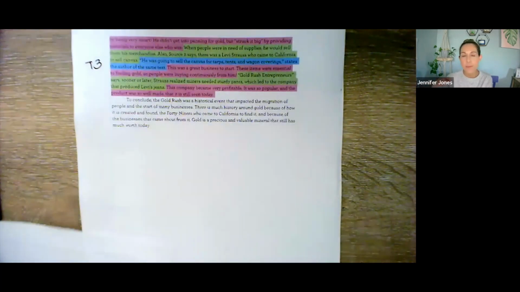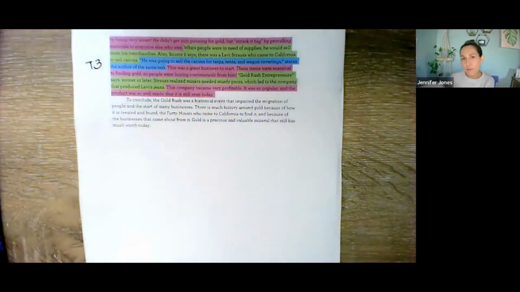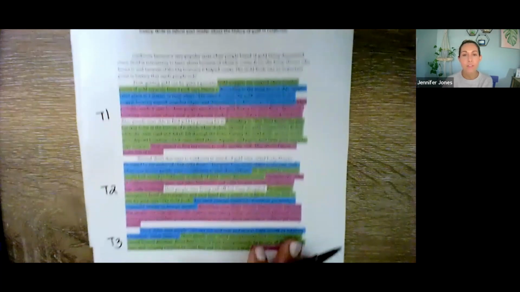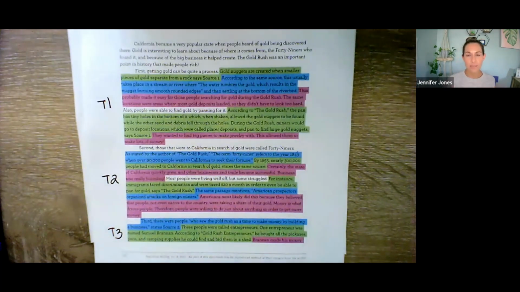Do you see how the pink always comes after the blue or the green? You never see pink first, right? That's because the pink, just to remind you, is the writer's own thoughts and ideas. Well, your own thoughts and ideas always have to be about the evidence. So first you have to include some evidence, and then you can say what you think about it. Here's how it goes wrong if you don't do it in that order.